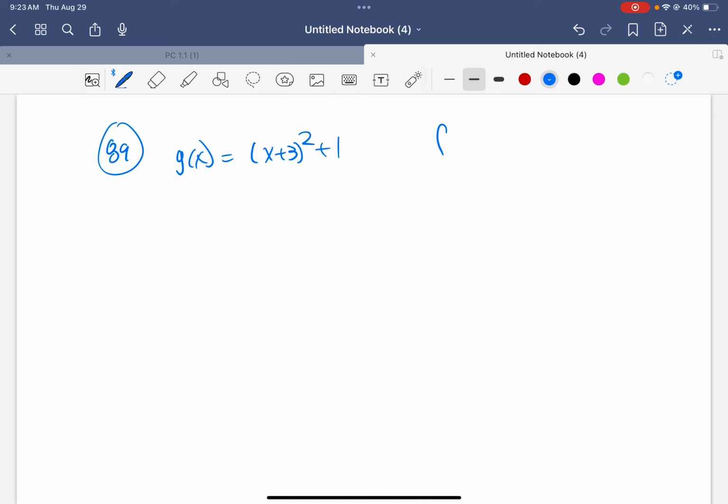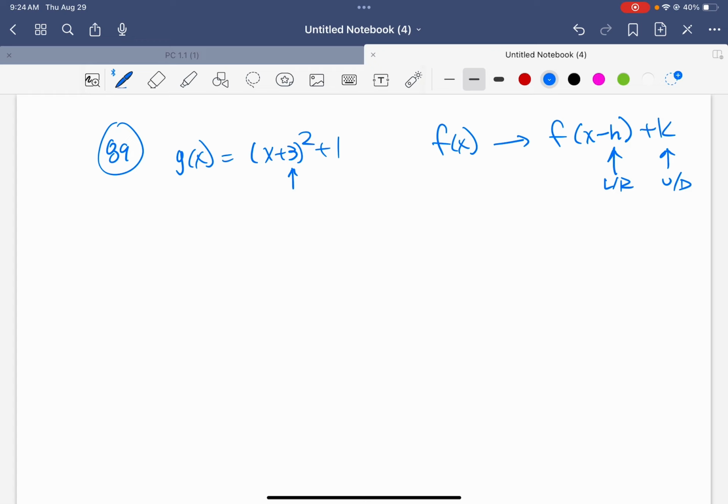Notice that for any function, we remember that if we change it to f of (x minus h) plus k, anything that you do on the inside does the opposite of what you would think it would do, left or right, and anything you do on the outside moves it up or down.